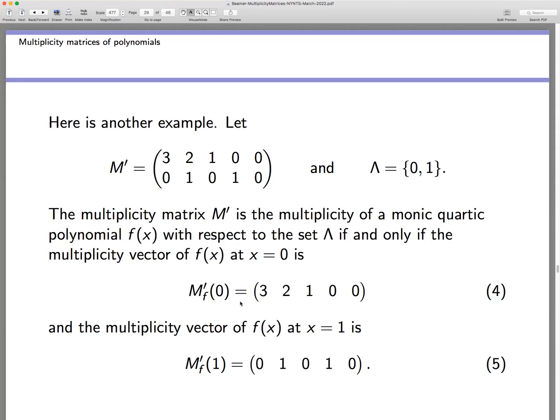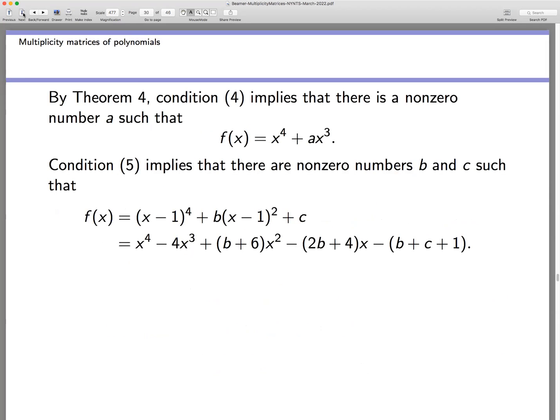So this tells me that when I write the quartic in powers of x, it's going to be x to the 4th plus some constant times x cubed. This says when I write the polynomial in powers of x minus 1, it's going to be x minus 1 to the 4th, something times x minus 1 squared, and a non-zero constant term.